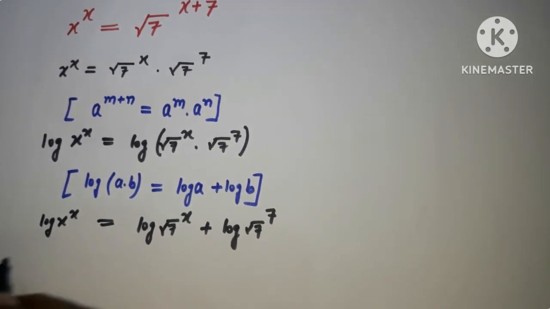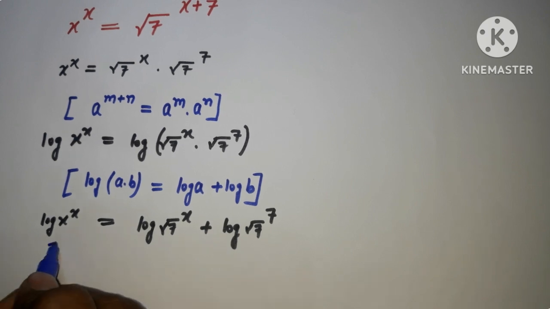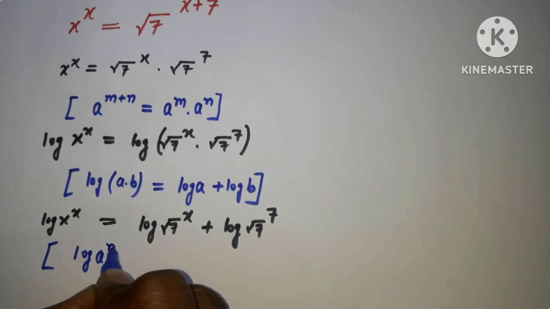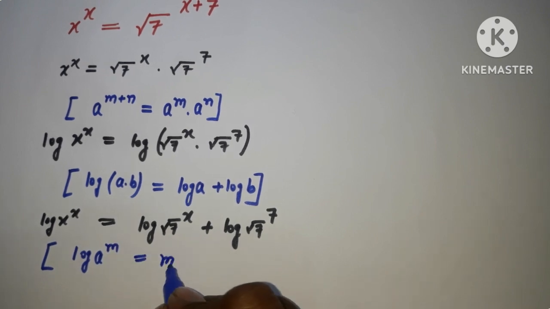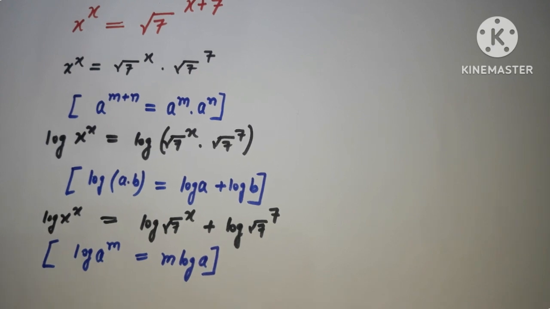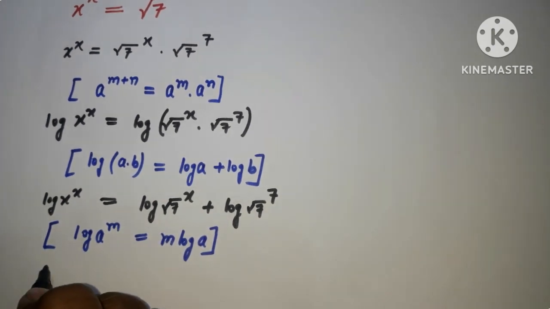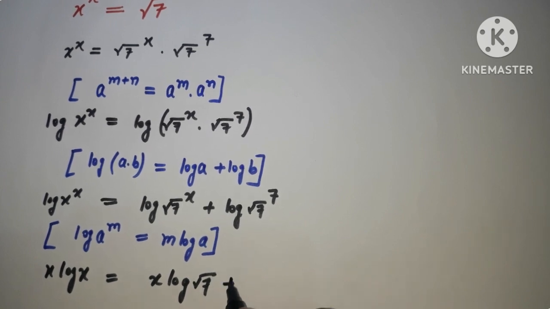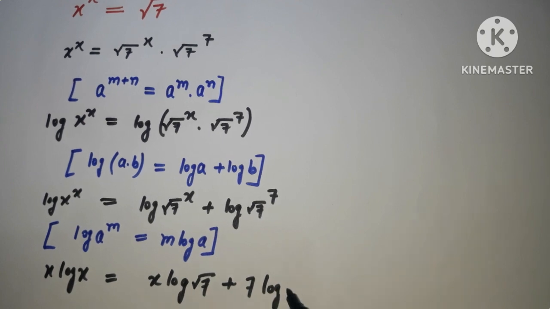Now this one can be solved by using this formula: log a to the power m, so m will come in front of log a. So here we have x into log x, and here we have x log root 7 plus 7 log root 7.